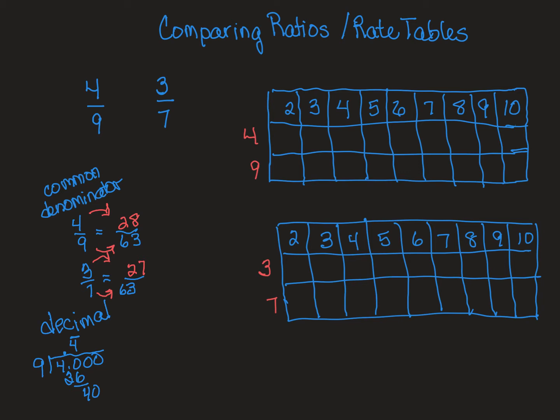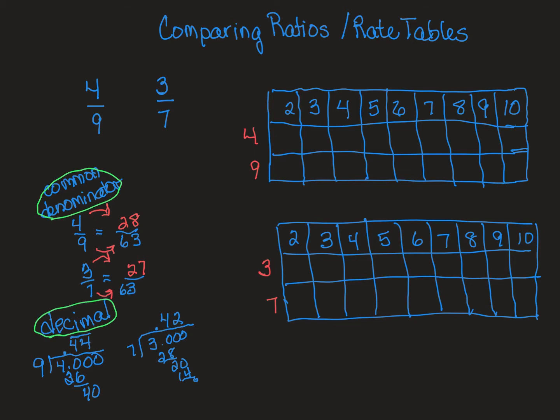And if I do 3 divided by 7, I get about 0.42. But I already know that 0.44, because this would be repeating, is going to be greater than 0.42. So I can find a common denominator, or I can find a decimal equivalent.